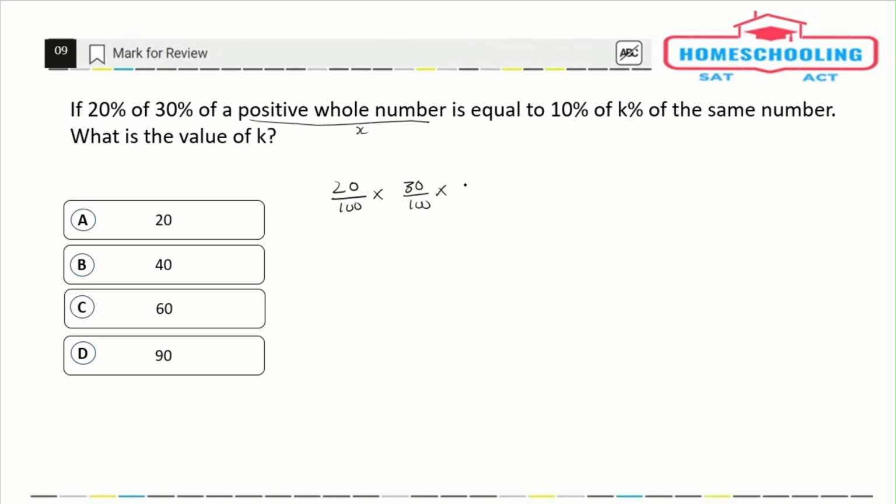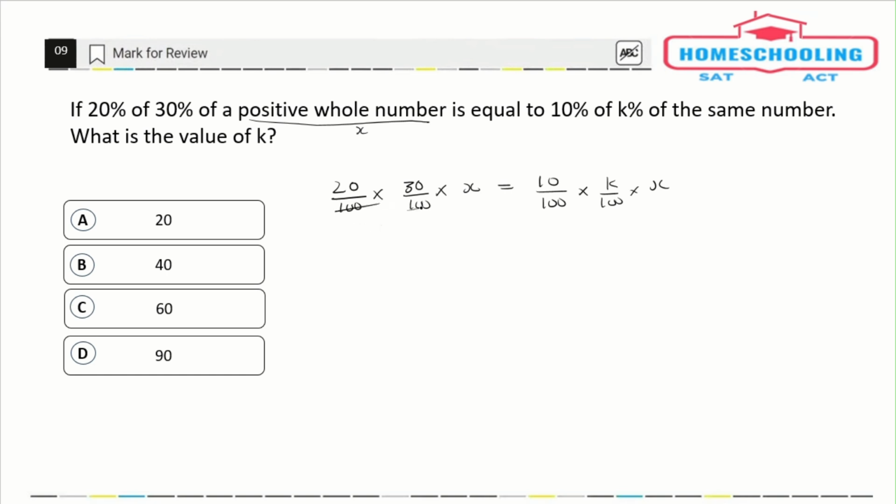Let's take this number as x, is equal to 10% of k% of the same number. So the same number is x. We have to find the value of k.